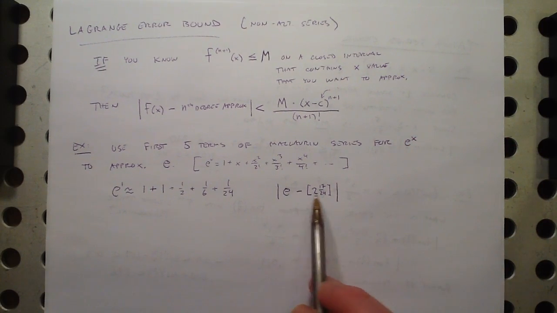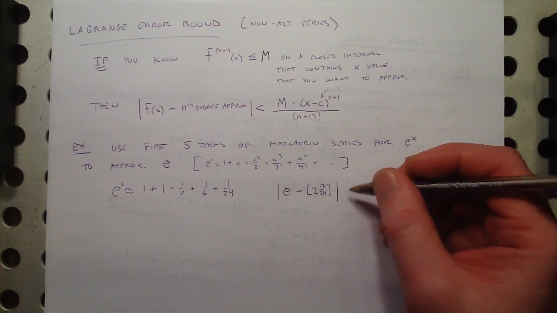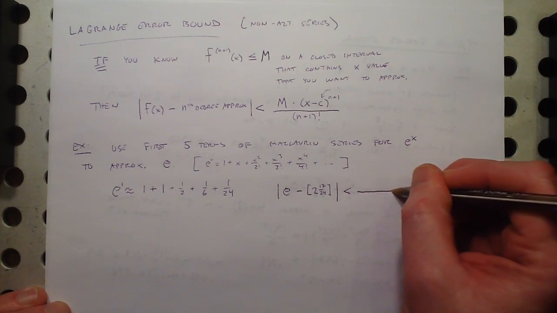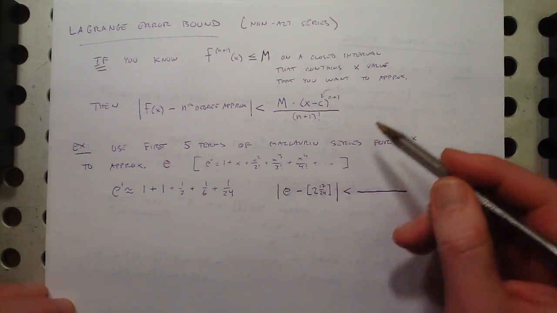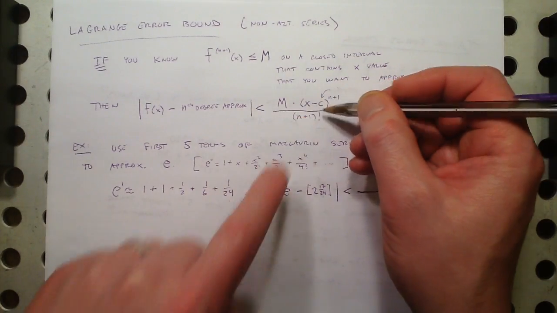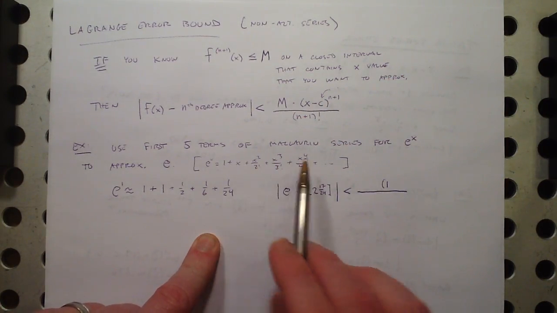So the difference between e and this approximation of it using those first 5 terms is not bigger than, here, I'll do this part first. So the x is 1 minus the c in this case, this is a 0, you look at all the x's here, they're all minus 0.